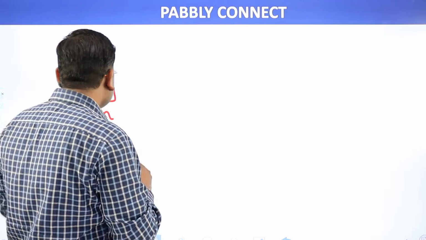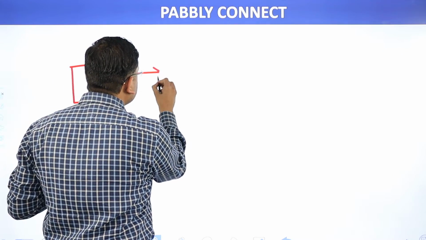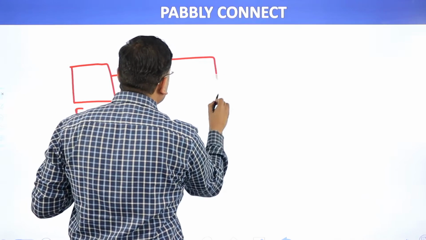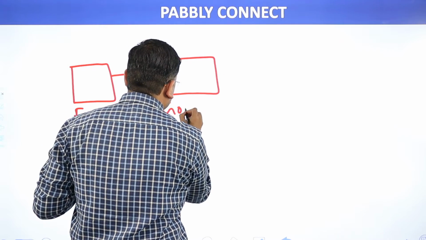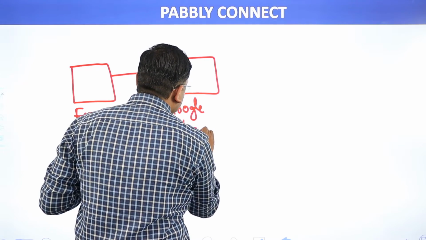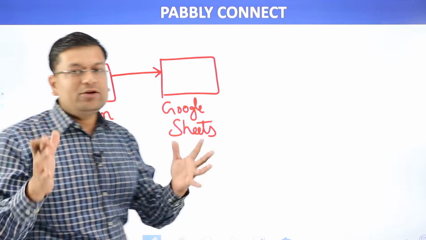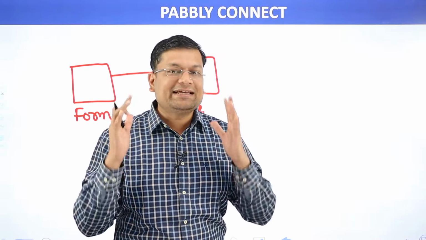Once the form collects a specific lead, you want the same lead to be sent to Google Sheet because you want to see all the leads being collected inside your Google Sheet appropriately and clearly.